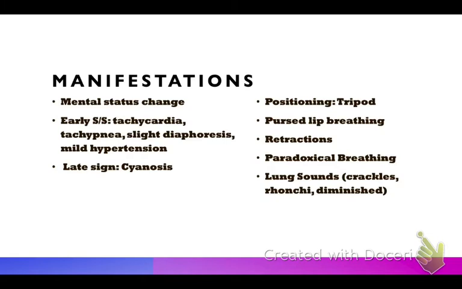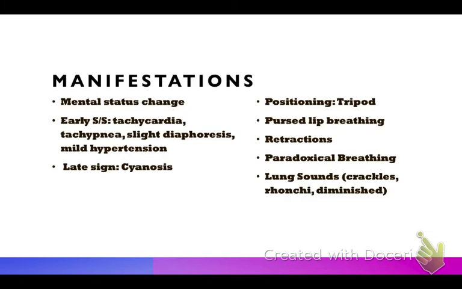And then you may see paradoxical breathing, like a flail chest, where one side is bigger than the other. That's why when we're assessing, we say the rise and fall of the chest is equal, because you want that. That is good documentation. And then your lung sounds. What do your lungs sound like? Crackles, rhonchi, are they diminished? All of these things are your manifestations.